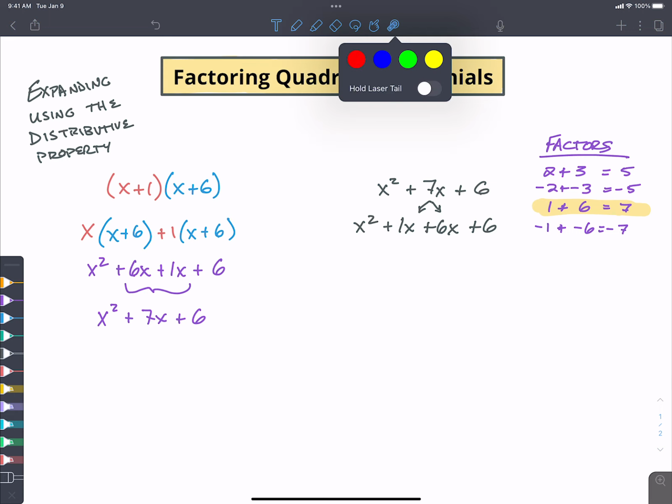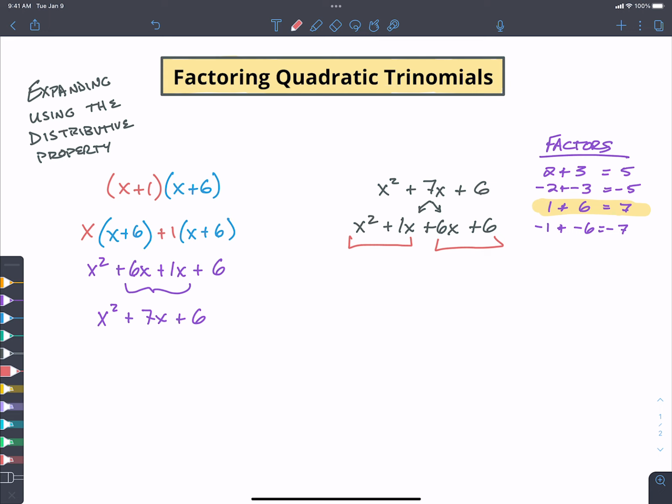And then I'm going to look to see what is common between these two values and what is common between these two values. What's common between these two is I've got a value of x. And when I say what's common, like what's a common factor between these two things? What can be factored out, what can be divided evenly into both of these terms?